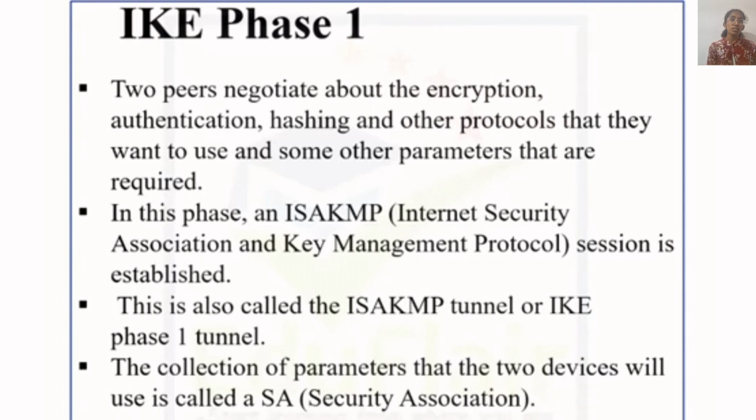And in this phase, an ISAKMP session is established, that is Internet Security Association and Key Management Protocol. This is also called an ISAKMP tunnel or an IKE phase 1 tunnel.